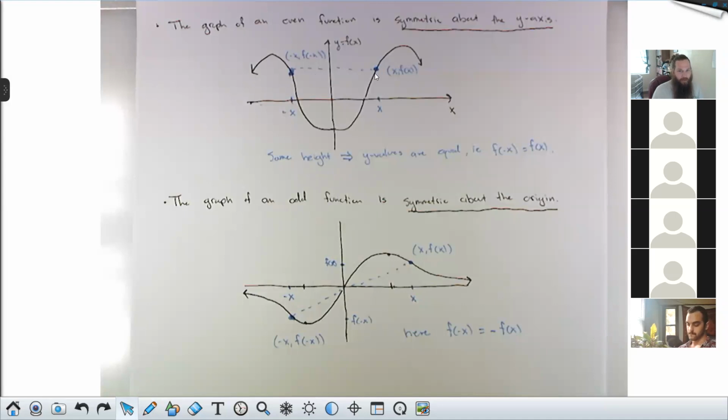It's the fact that every point over here reflects across the y-axis to a point over here. And similarly, every point over here reflects through the origin to a point over here, right? Like this point would reflect through the origin to this point. Not too bad, right?